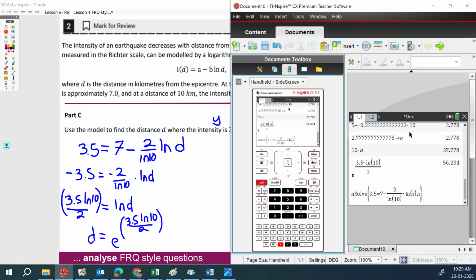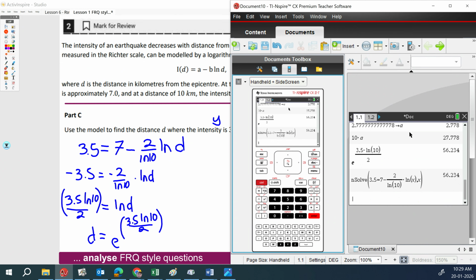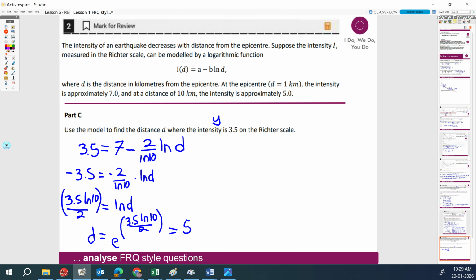Solve for x. Our two numbers are the same. I'm happy with my answer. 56.234 equals 56.234. All right.